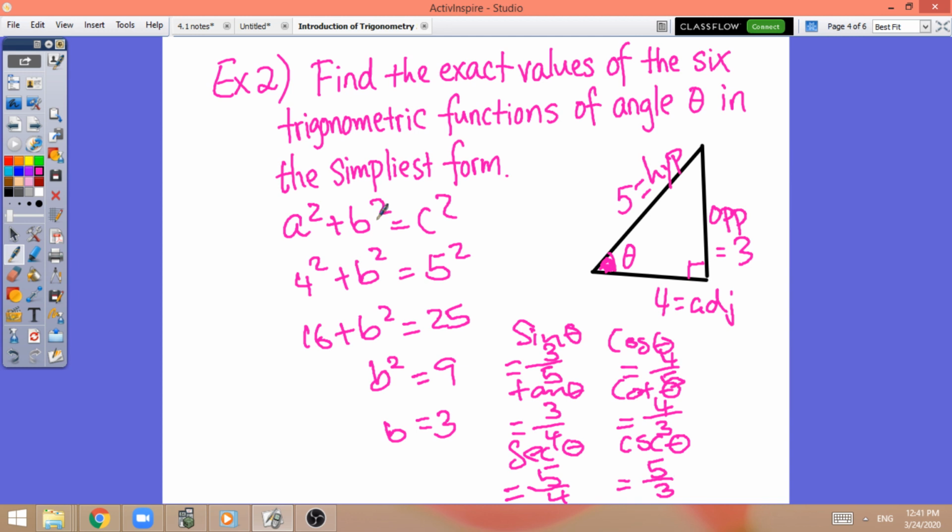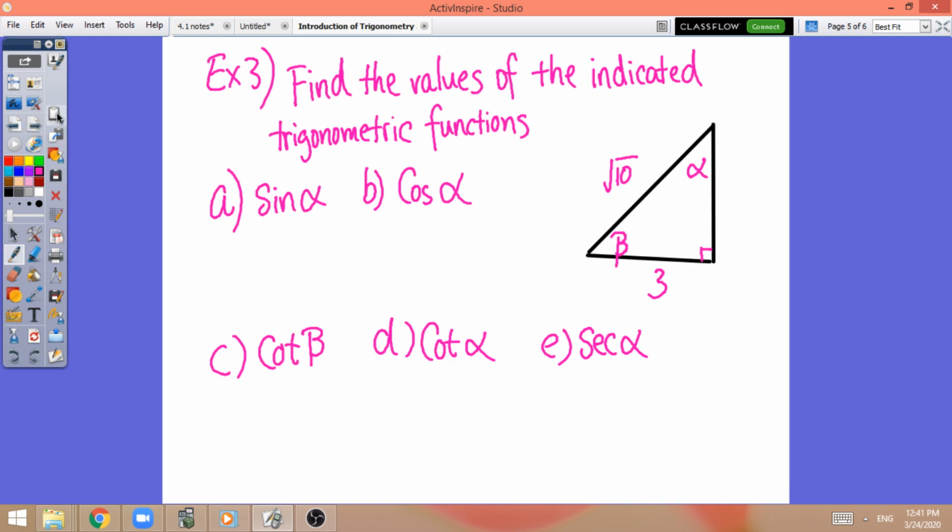Okay, so now let's see what we have for the next part of the slide. Find the value of the indicated trigonometric function. We do have alpha, beta, and this one is the 90 degree angle. There are so many Greek letters: alpha, beta, sigma, gamma, lambda, omega.